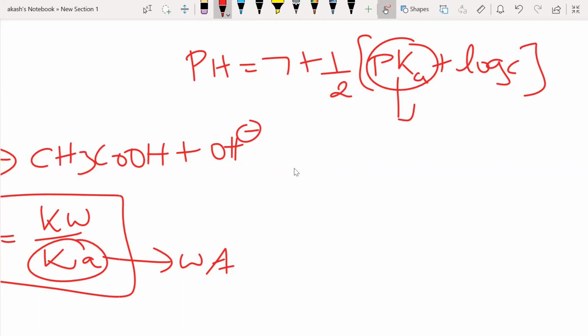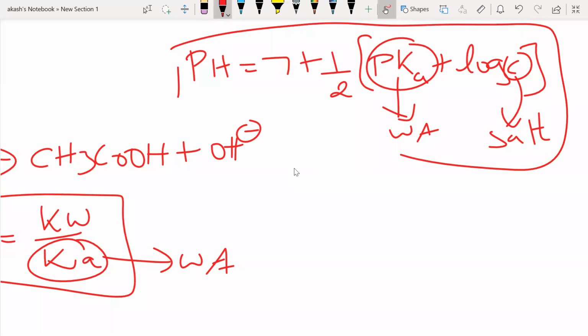Again, pKa is the weak acid's pKa, and this C is the salt's concentration, the CH3COONa's concentration in this case. So again, two formulas for the basic salt. That's about salt hydrolysis: two formulas for acidic salt and two for basic salt, Kh and pH.